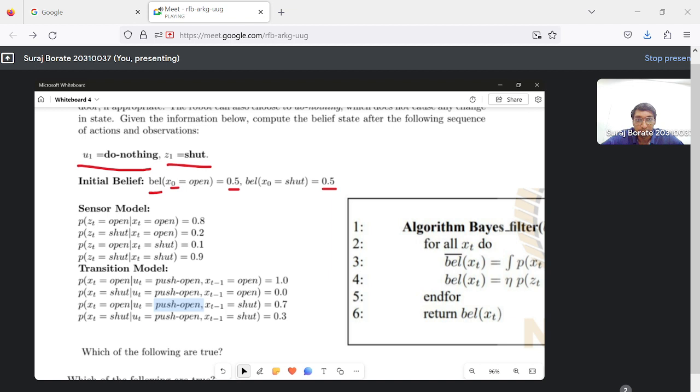Let's write the formula down. Belief bar of x1 is equal to the summation of, so what is x1? Let's say x1 is equal to open.